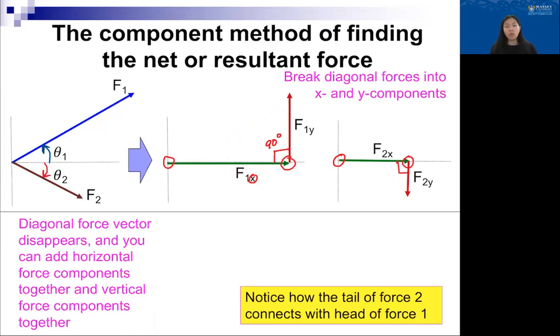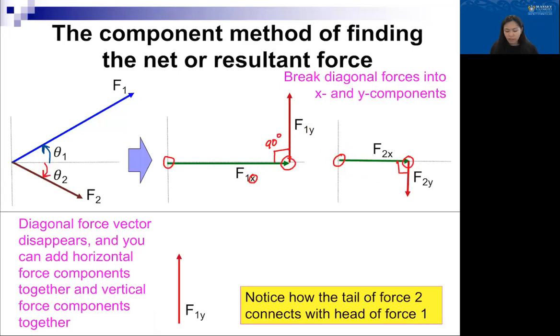You can also remove the diagonal vector for F2. And now you just have horizontal vectors and vertical vectors. It's now easier to add the horizontal vectors together because they're in the same direction, and then subtract the vertical vectors because they're in opposite directions.